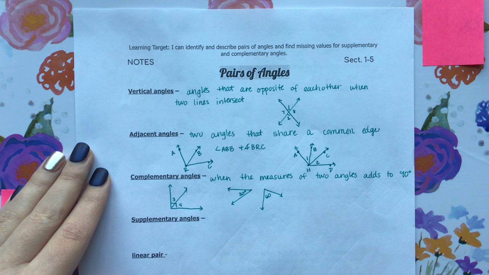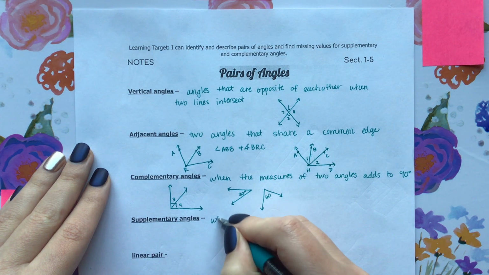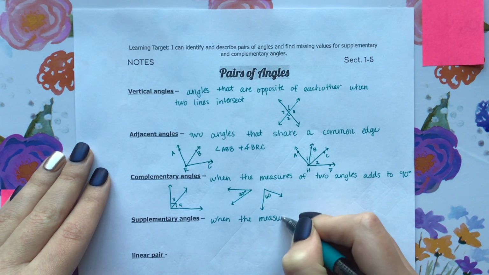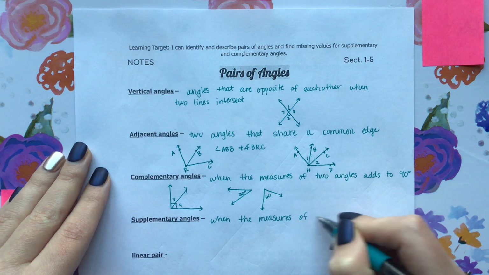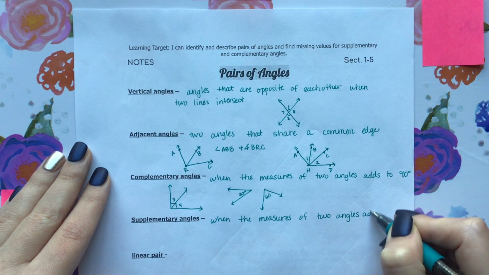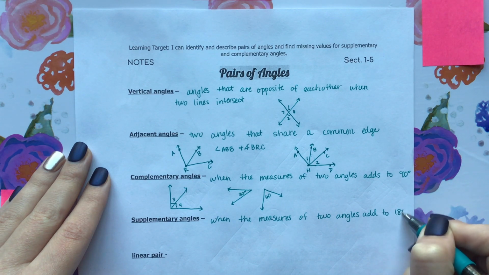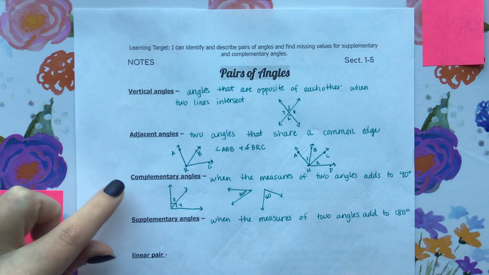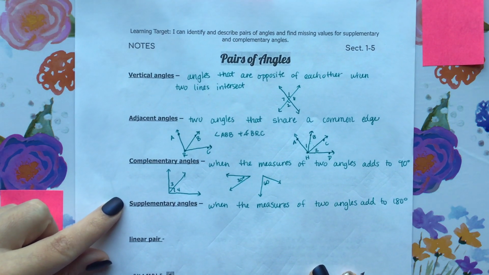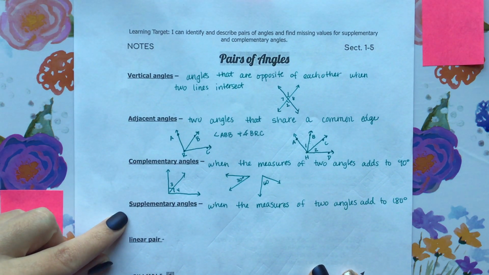Supplementary angles, on the other hand, is when the measures of two angles add to 180 degrees. Now, sometimes people get these two mixed up, where they kind of know what they mean, but they might say supplementary when they mean complementary.